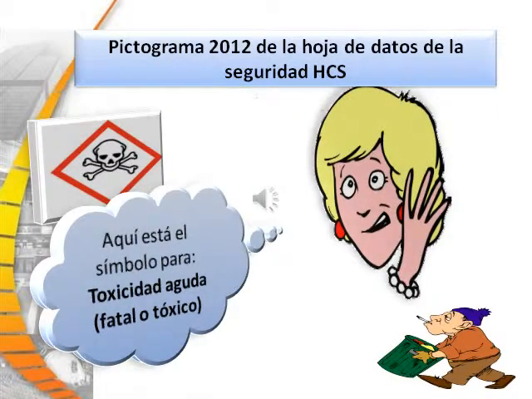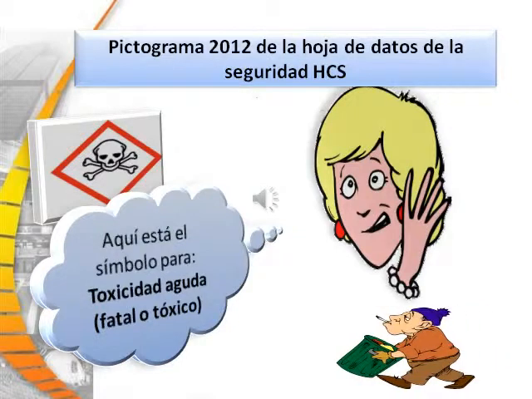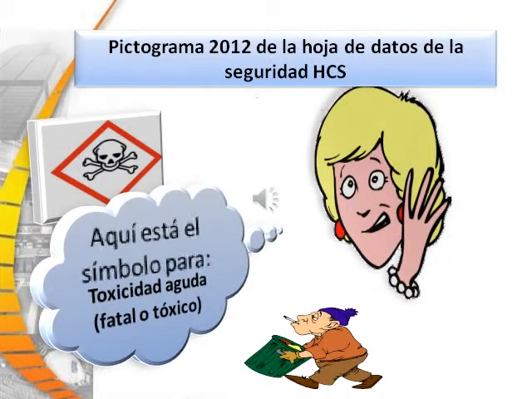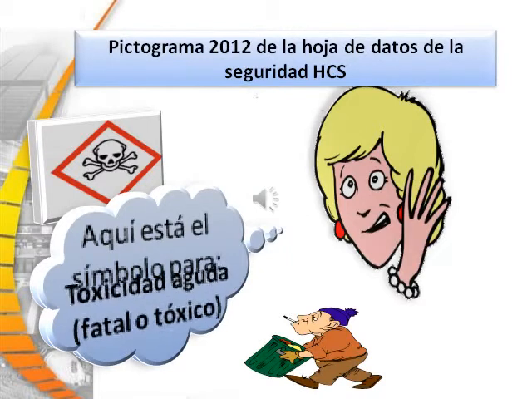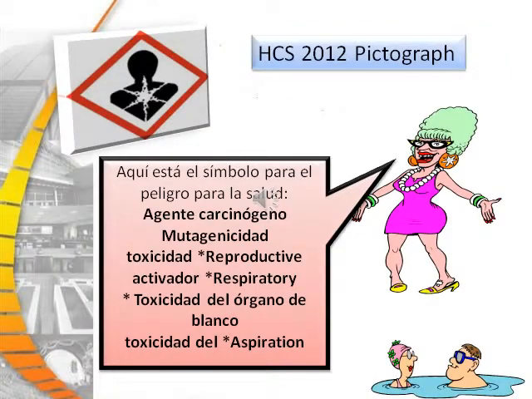In this slide, we see the symbol for acute toxicity, fatal or toxic. The symbol for health hazard, depicting carcinogens, mutagenicity, reproductive toxicity, respiratory sensitizer, target organ toxicity, and aspiration toxicity is shown here.